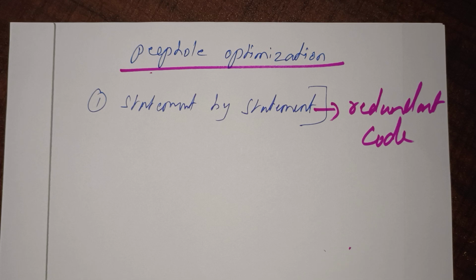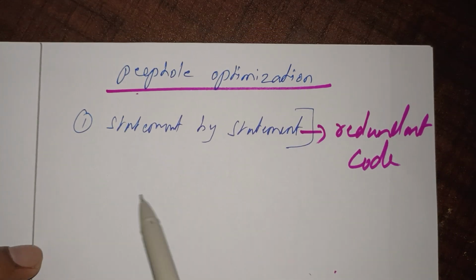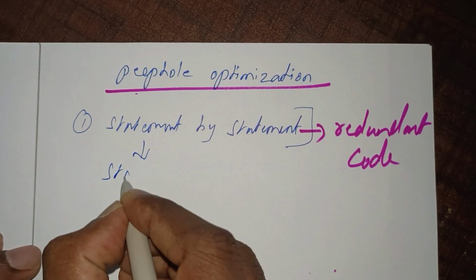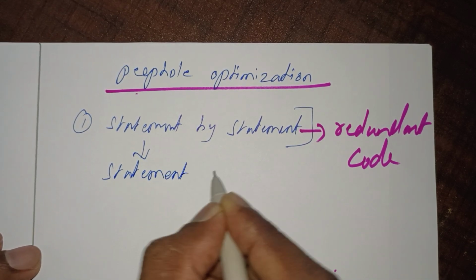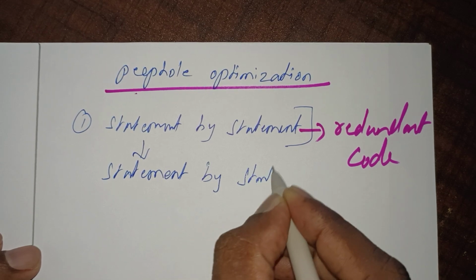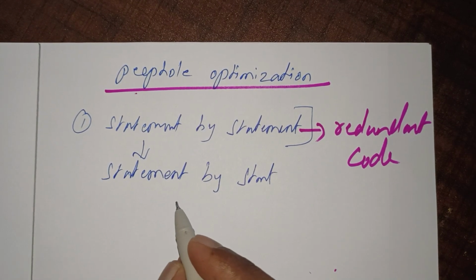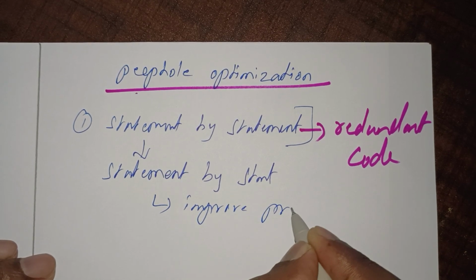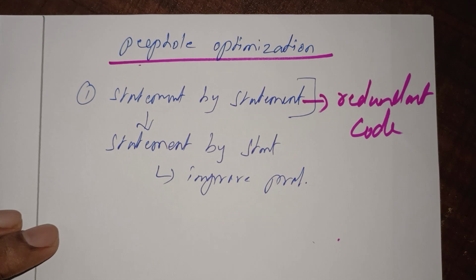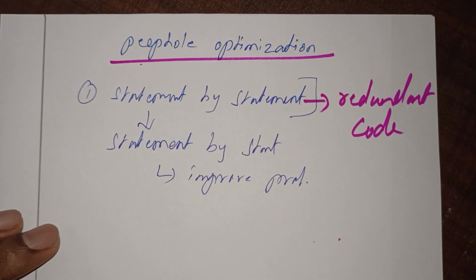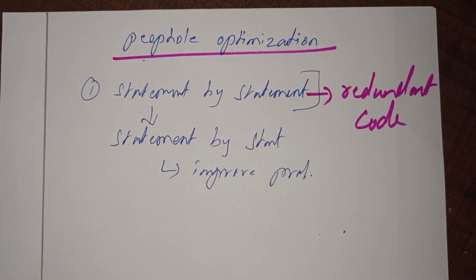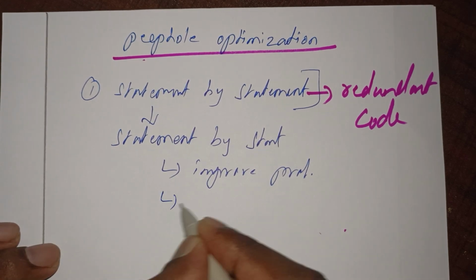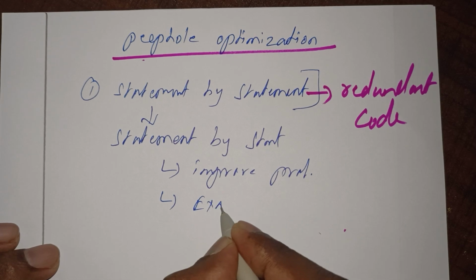For example, it is applied to improve the performance of the code. Not only does it improve the performance, it also examines short sequences of target instructions, so examining plays an important role here.